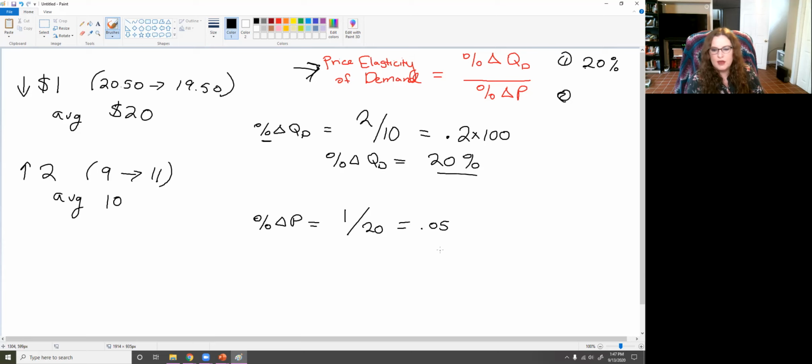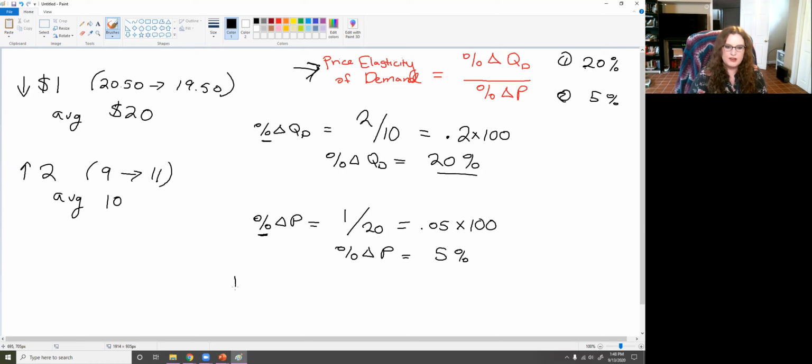0.05. Yeah, 0.05. Now we want it in percentage change. Notice that we want this percent right here. So let's multiply that 0.05 times 100. This means that our percentage change in price is equal to 5%. So we know that this part right here is 5%. All right, let's put them all together.